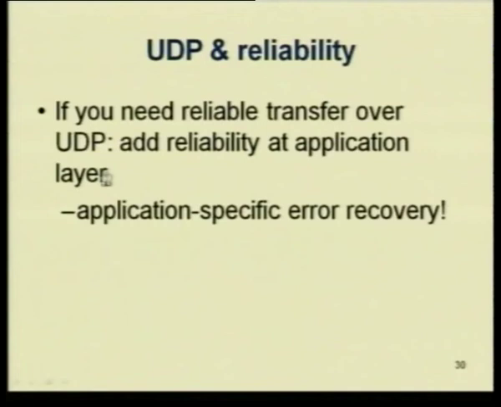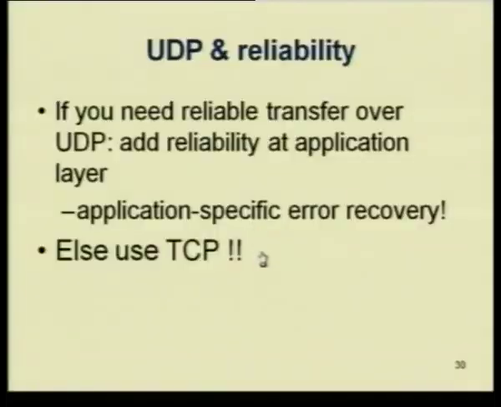Now suppose I need reliability, so what do I do with UDP? If you need reliable transfer over UDP, you have to add that reliability at the application layer. You will have to do application specific error recovery, because UDP will not do the error recovery for you. Whatever error recovery we want has to be added at the application layer.